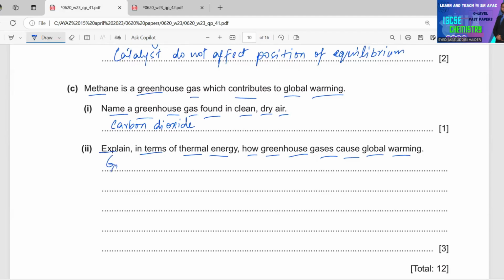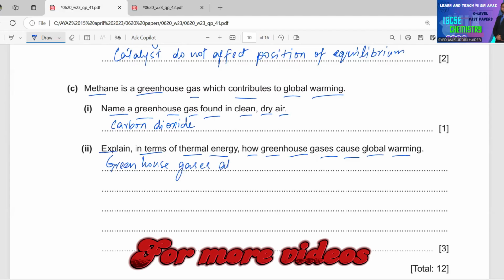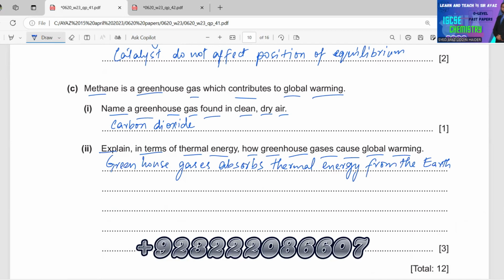So we'll start writing greenhouse gases absorb thermal energy from the earth. Now it's of 3 marks, so you have to give 2 explanations for this. So you can write any 2 from these.